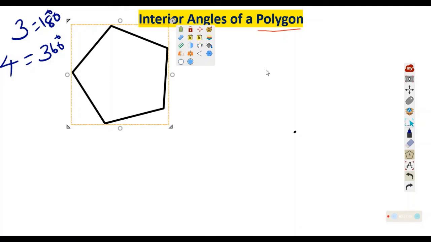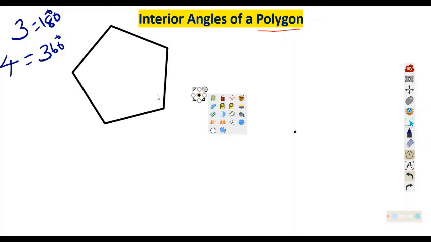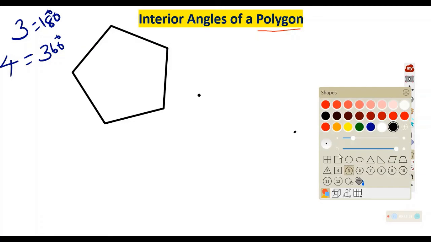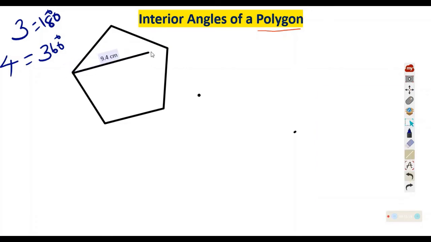What will we do with this? We will divide it into triangles. How to make triangles out of this? We'll try for that. For example, I drew one line here and one line here. So I got three triangles. Good.